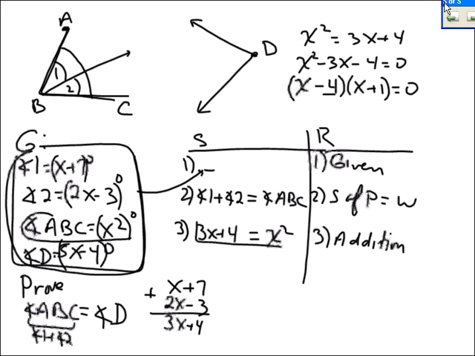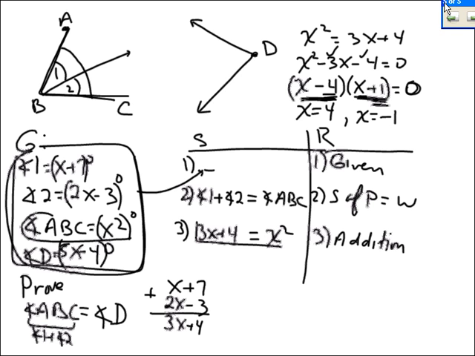I pick negative 4 and positive 1 because when I multiply those two numbers, I do get negative 4, and when I add those two numbers, I do get negative 3. Well, if this times that is 0, then either this is 0 or that's 0. And you all know that 4 minus 4 is 0. So x is 4. What plus 1 is 0? Negative 1. Those are the two answers.